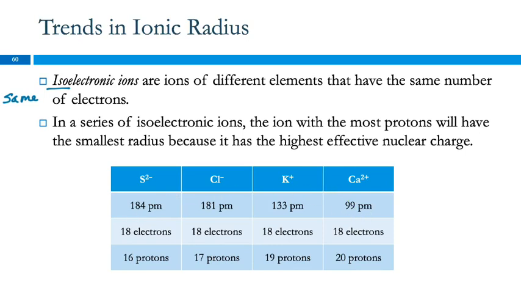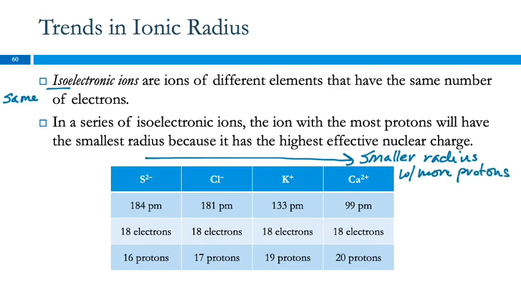So with isoelectronic, the trend is that it gets smaller with increasing number of protons. Smaller radius with more protons.